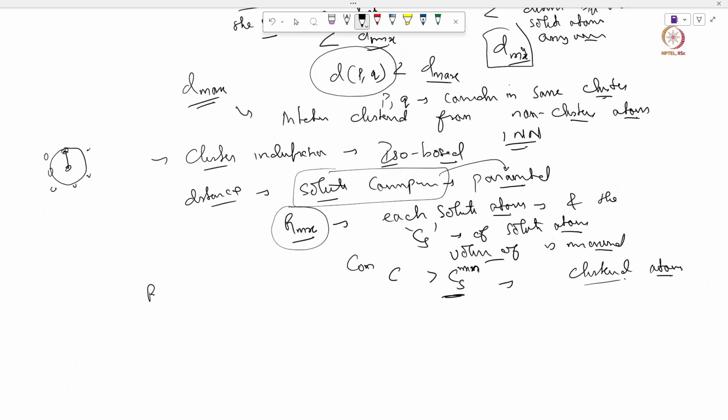Another thing, the third thing, is the radial distribution function, which we call RDF analysis.